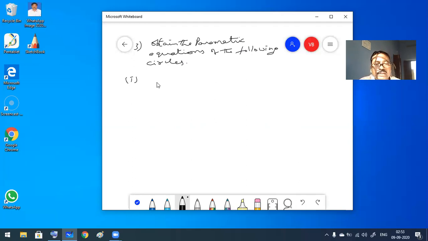Okay. So first one, x square plus y square is equal to 4. This is given. Okay. So we can write the parametric equations.